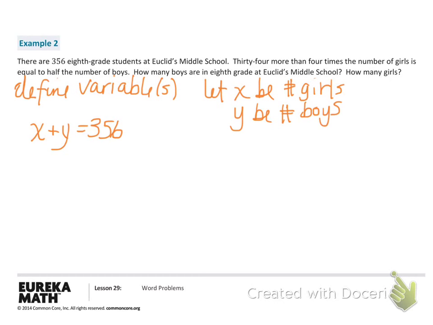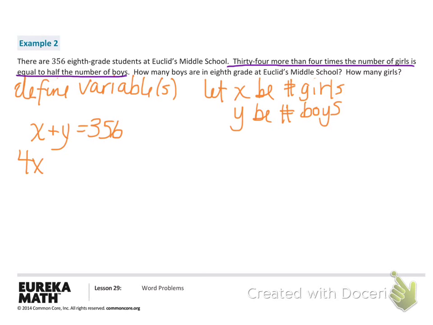Could be anything. So we're given this other statement over here about 34 more than 4 times the number of girls is equal to half the number of boys. So I have to think about how to represent that with an equation. So I'm going to work on 34 more than 4 times the number of girls. Well, 4 times the number of girls would be 4x.